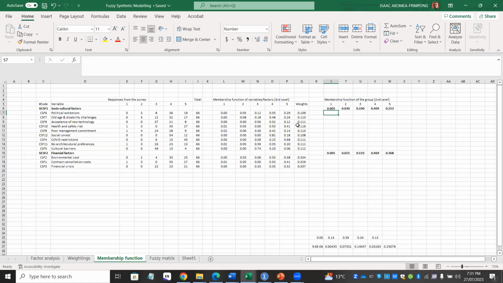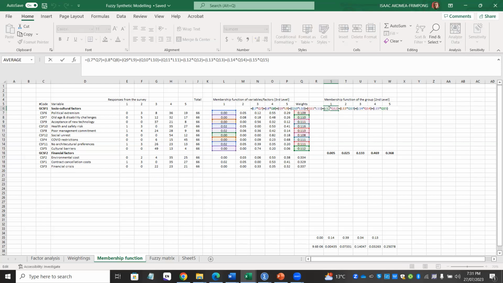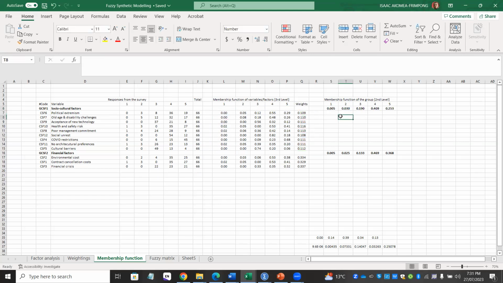Okay, so as you can see, all the group members. So the first column times the weight will give you the answer for the first row, the first column.